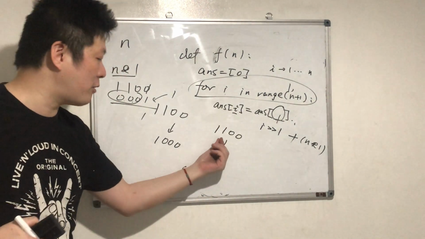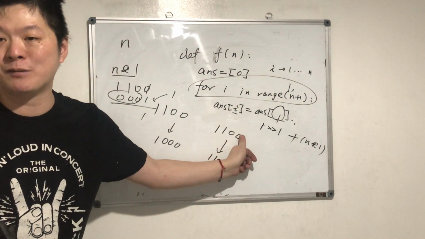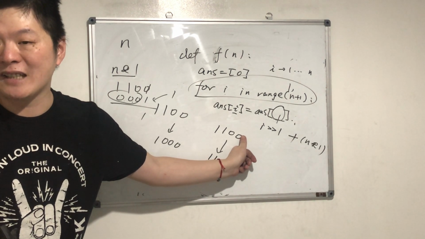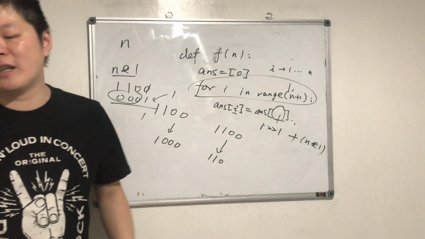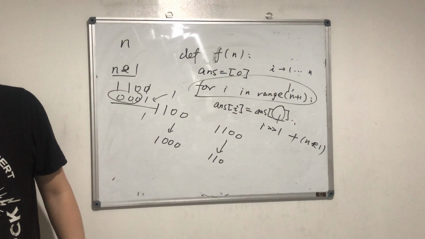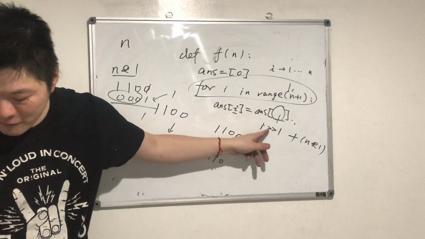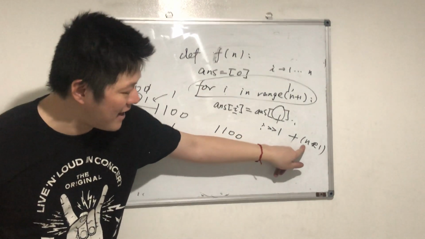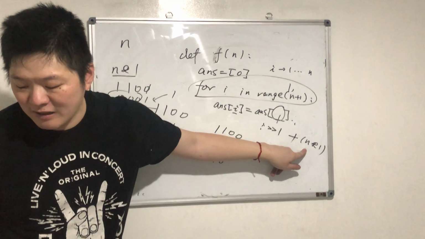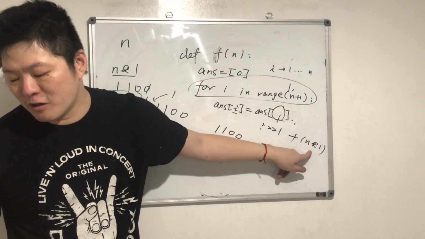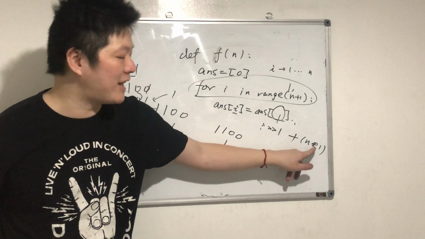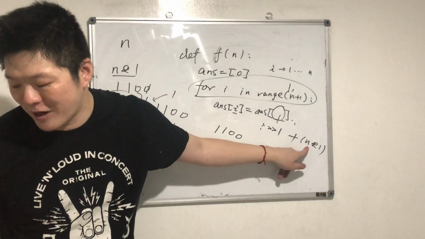Because I take away the last bit, this number is always smaller than I. If I take away the last digit of 8, what will it become in binary? 4. Yes, we are done. The 4, I already calculated. But the 1 I need to take away, I don't know if it's take away 0 or 1. And then I can do this n and 1, right?